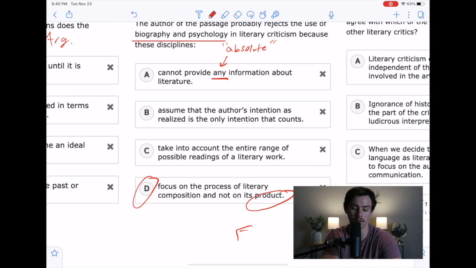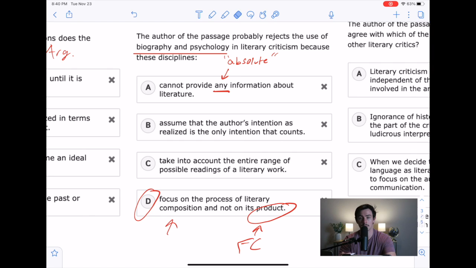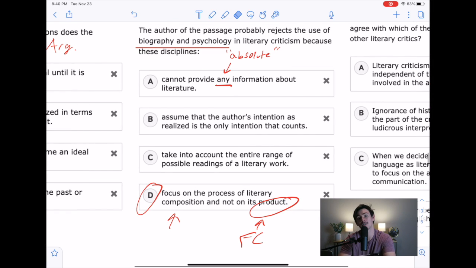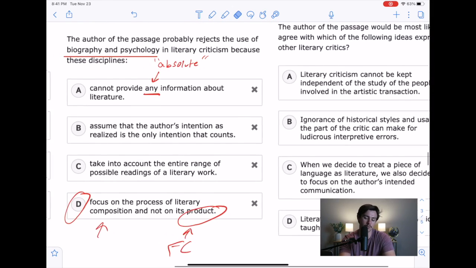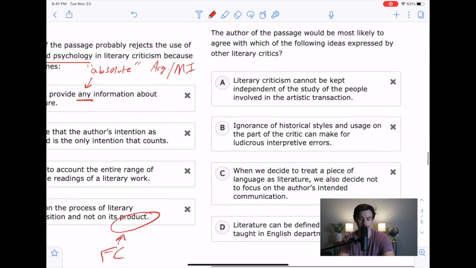Formless critics focus on the product, whereas other disciplines will focus on the process of composition, right? And so that's probably easiest to get with an argument, but it's also possible to get with just straight up main idea, because the main idea is telling us we're focusing on the product. We're focusing on the words on the page, not what the author thinks or feels. So I'll say arguments / main idea, because you could have gotten it with either one.